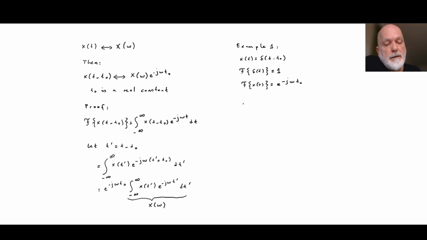Okay, now another example. In this second example, we are going to use both the time shift property and the linearity property.